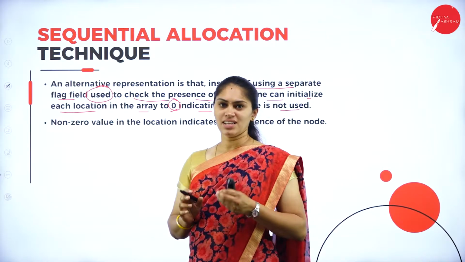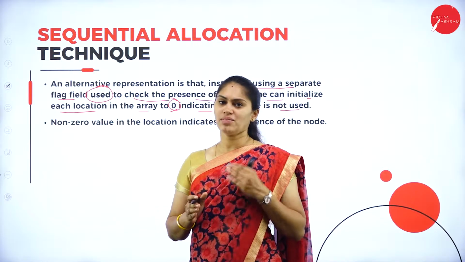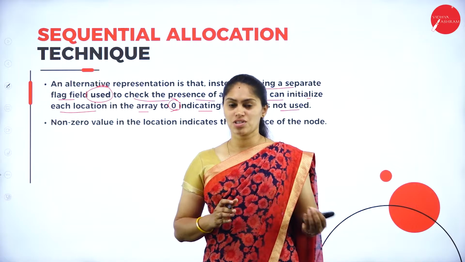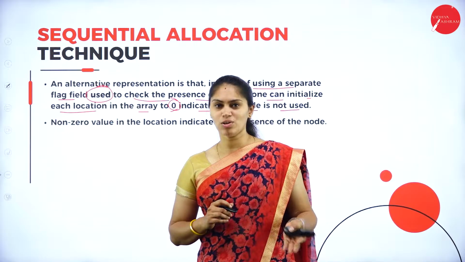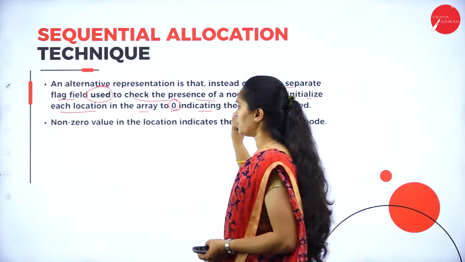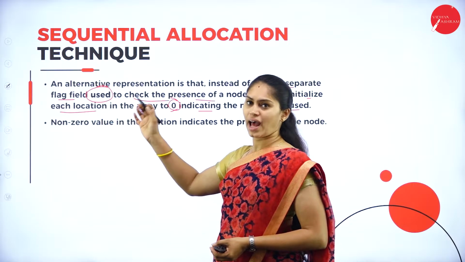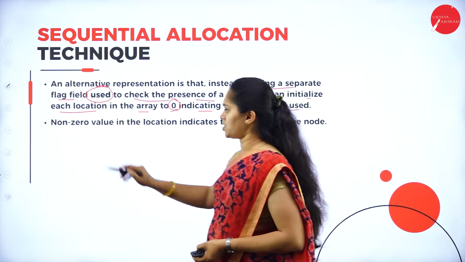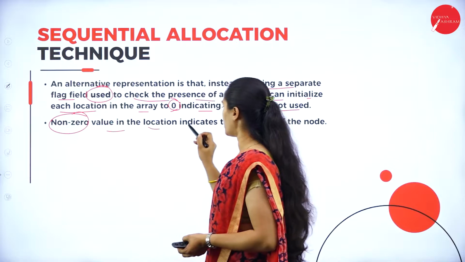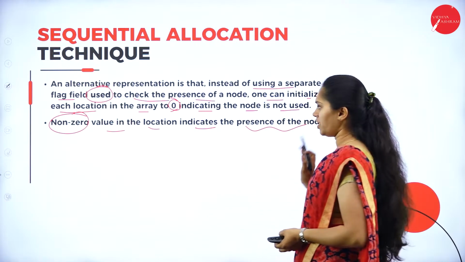If it is 0 itself, then we can say that it is not used. If it is changed to any other value, then we can say that the node has used the memory allocation. So here a non-zero value in the location indicates the presence of a node.